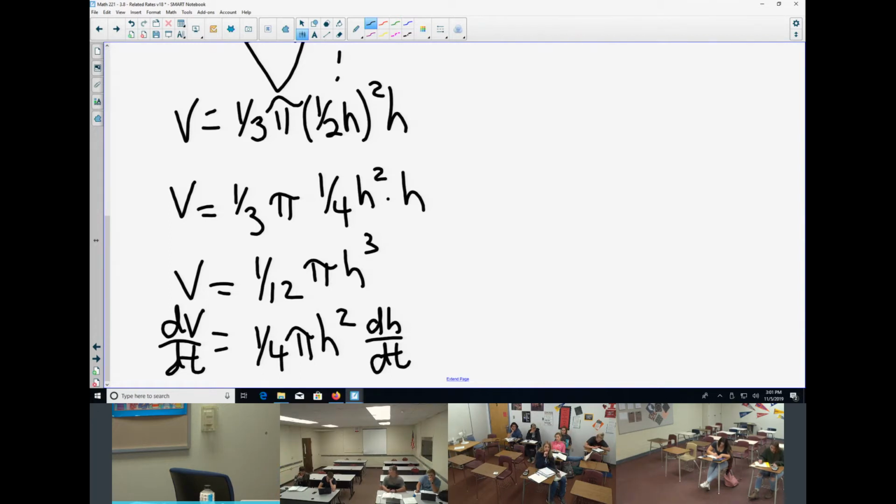All right, so how fast is the level in the pot? Let me think this out. When the coffee in the cone, okay, so the cone is 5 inches, so that's h.